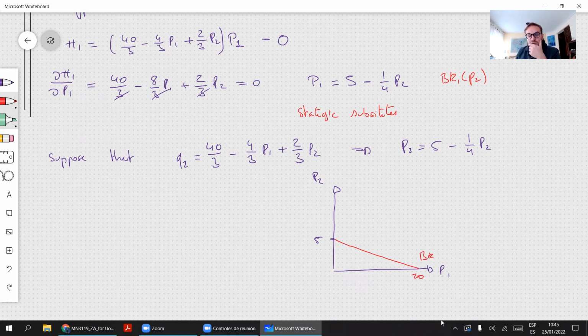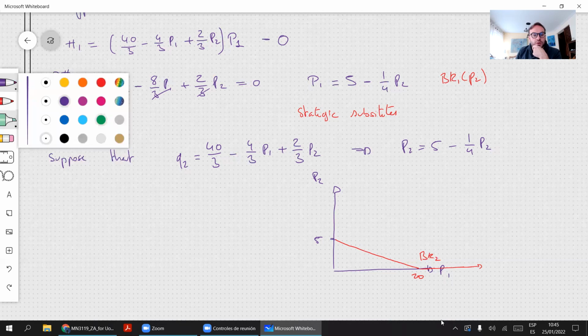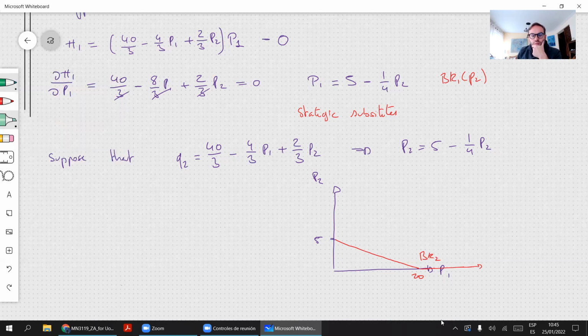So I need a response for whatever the other guy is doing. If the other guy is setting a price larger than that, I'm going to set my price to 0, and probably I'm just not going to enter the market. And for firm 1, things are symmetrical. So I have a 5 here, I have a 20 here. I should have something like this, and this is the best response of 2.